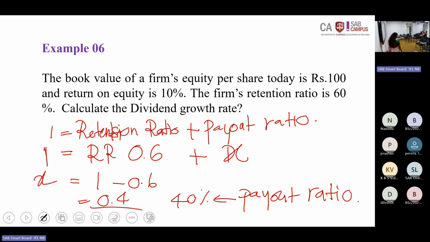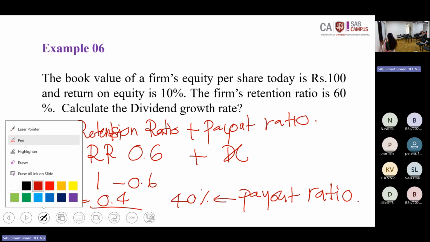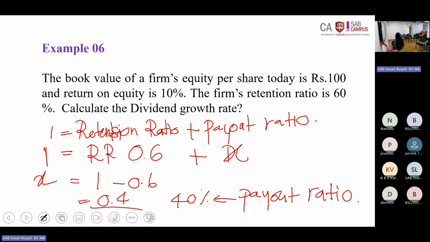Okay. So how can we identify the growth rate of this company? Growth rate of dividend equals ROE, return on equity, we have a comprehensive idea regarding ROE in the capital structure, multiplied by the retention ratio, RR.